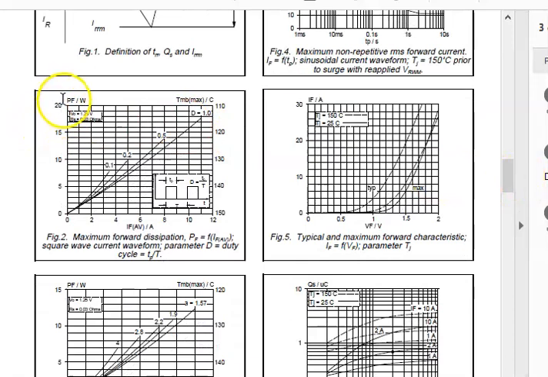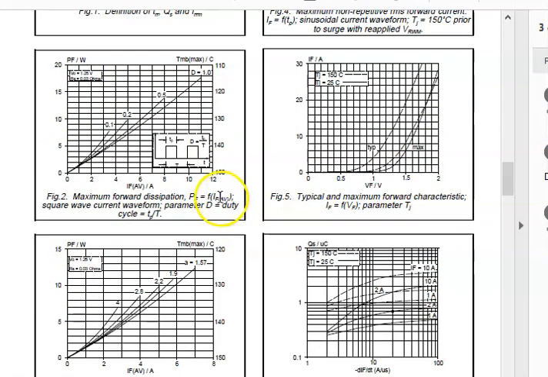So how much PD? This is your P, power dissipated forward in watts, PF watts. This one is defined by duty cycle: the maximum forward dissipation based on how much duty cycle you apply to your switch or to this diode.